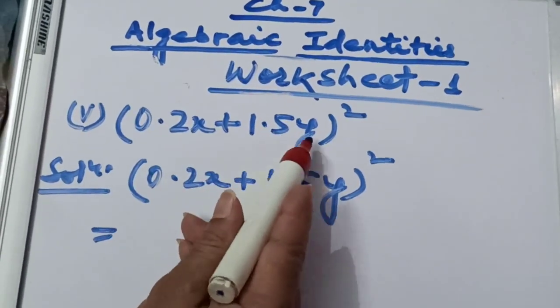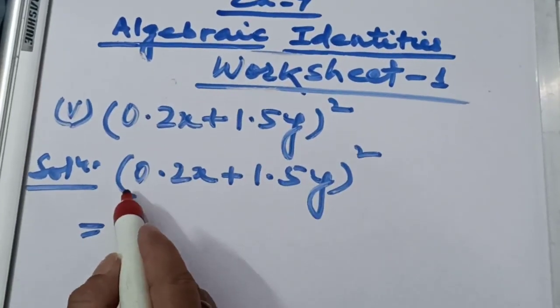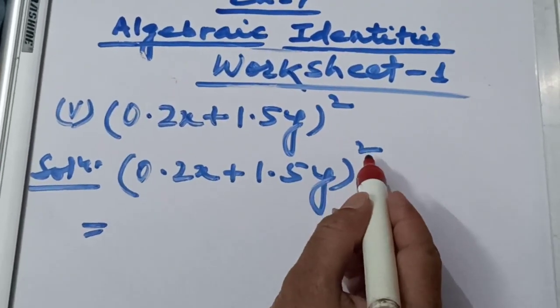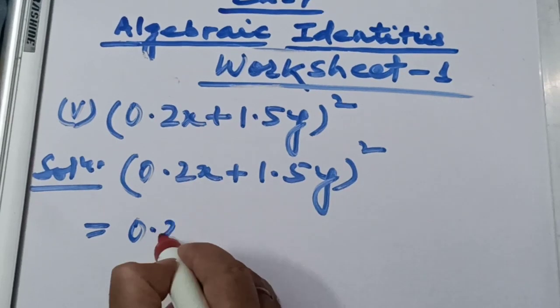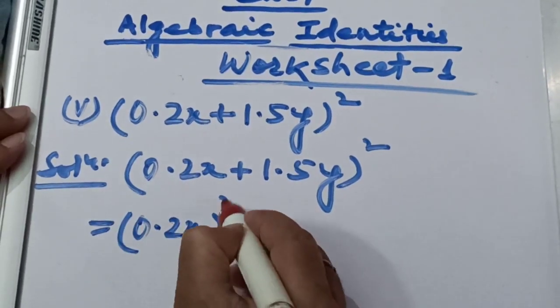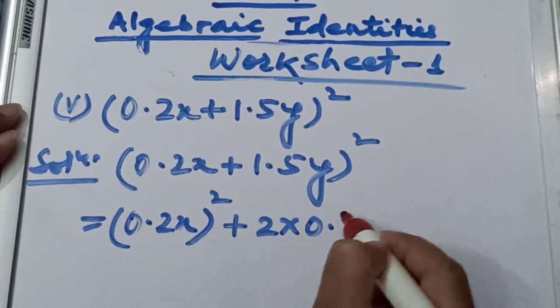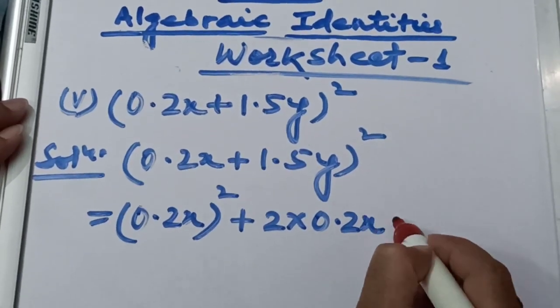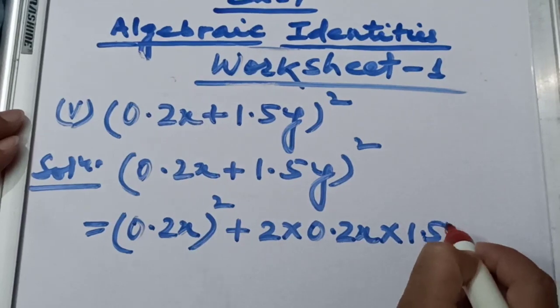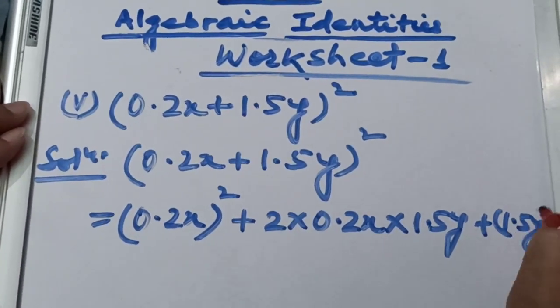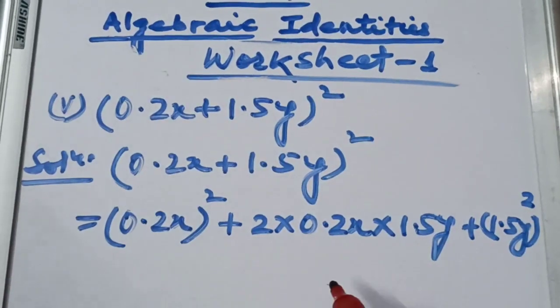0.2x plus 1.5y whole square. So the answer: that is a plus b whole square. (0.2x) whole square plus 2 into 0.2x into 1.5y plus (1.5y) whole square.